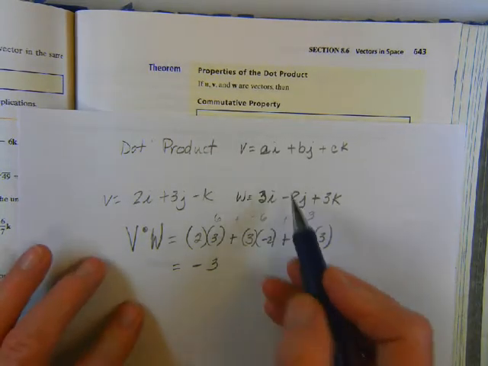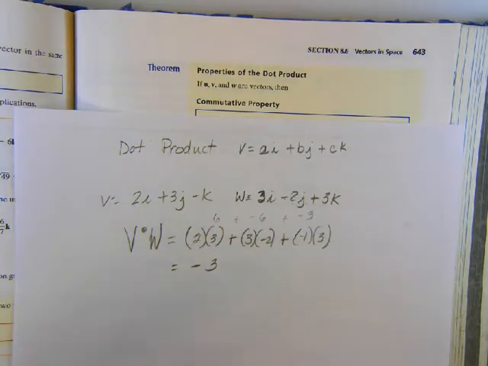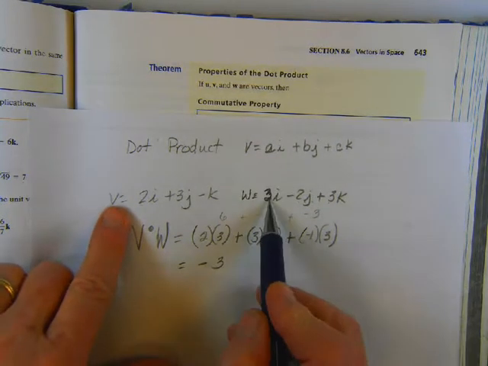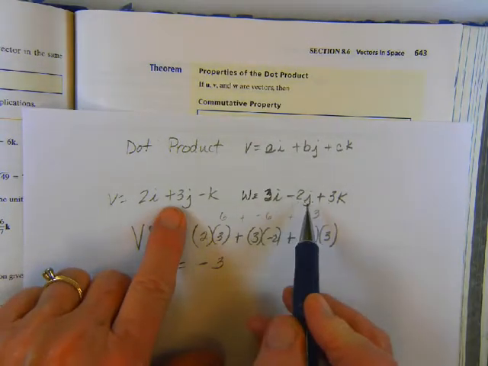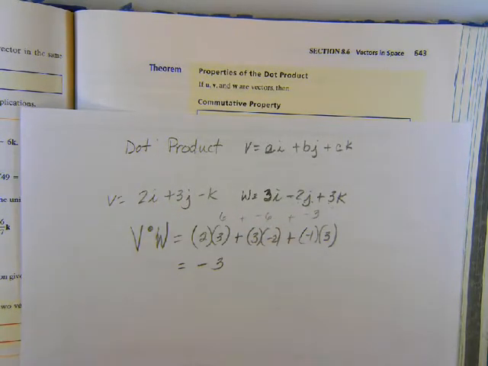Is it 3I or 2I on W? 3I minus 2J plus 3K. Did you think my 3 was a 2? So 2 times 3 plus 3 times negative 2 plus negative 1 times 3. This gets you your dot product.